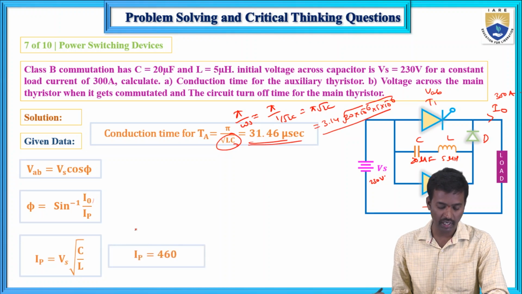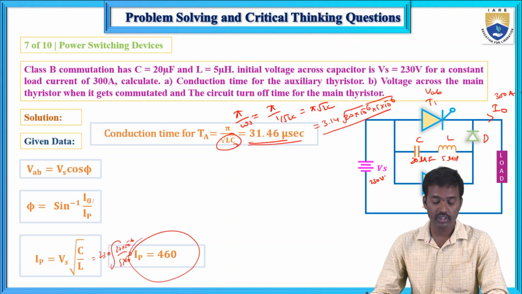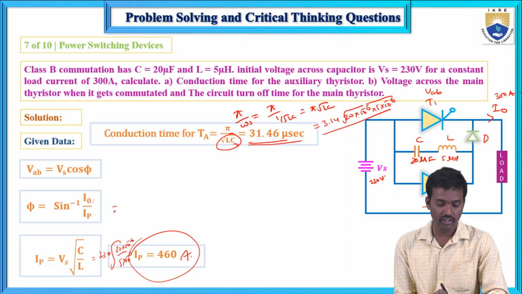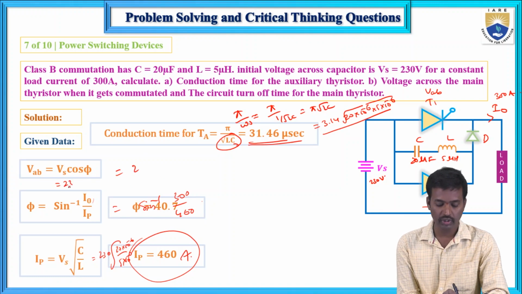Now if you do this calculation, it is 230 into square root of 20 into 10 power minus 6 by 5 into 10 power minus 6. That value equals 460 amperes. From this you can determine the phi value. Phi equals sine inverse of 300 divided by 460, so that value equals 40.7 degrees. So VAB equals Vs into cos of 40.7, with Vs equal to 230.